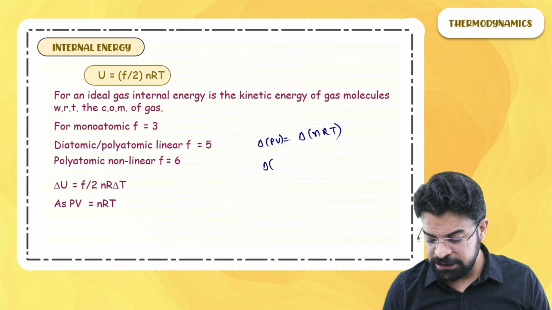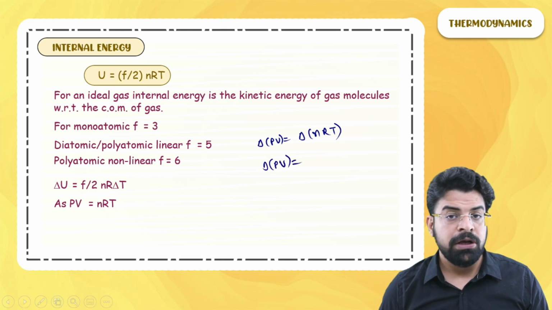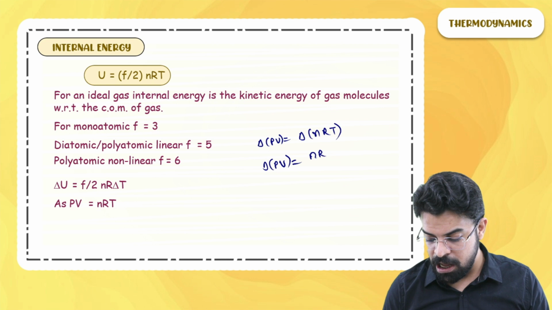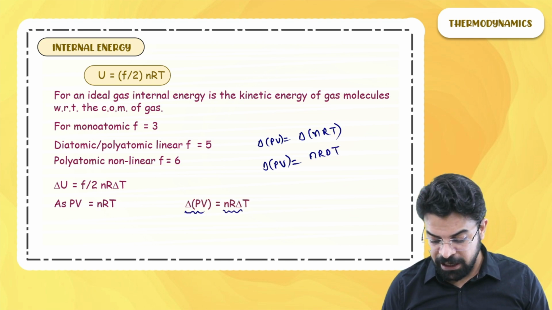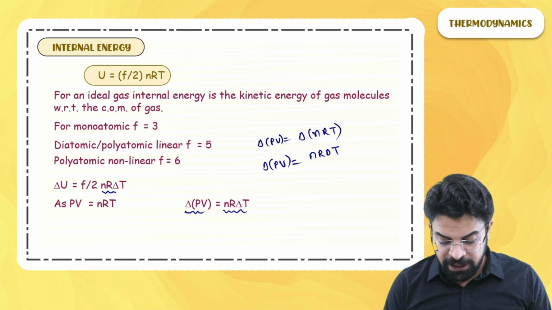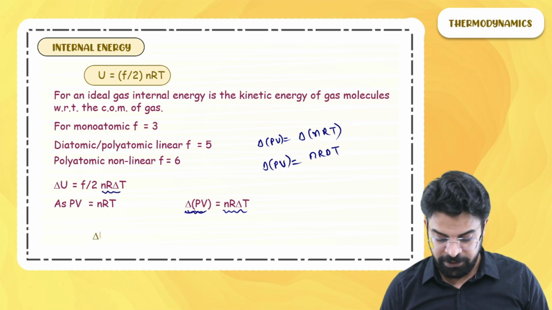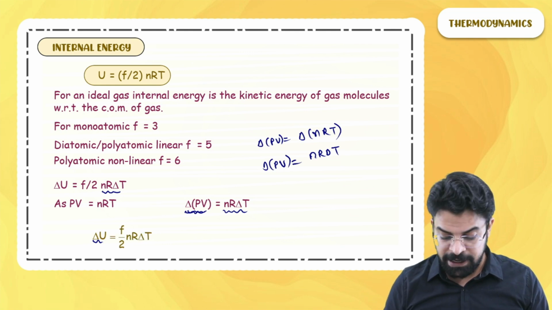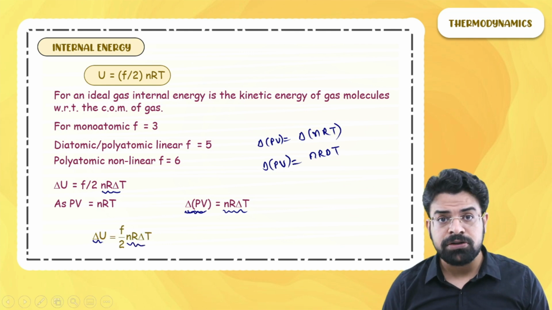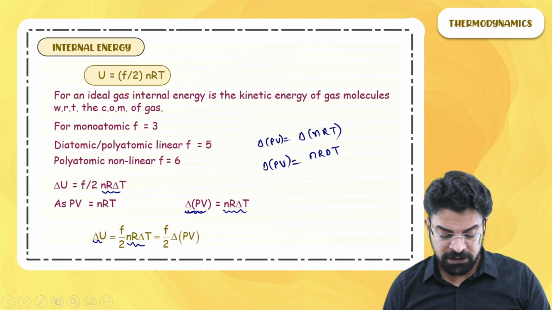So we can write the change in pressure times volume equals nR ΔT. Hence, Δ(PV) equals nR ΔT. So in place of nR ΔT, you can even write Δ(PV). So the change in internal energy of the gas equals the degree of freedom by 2 into nR ΔT. That can also be written as f/2 times Δ(PV).